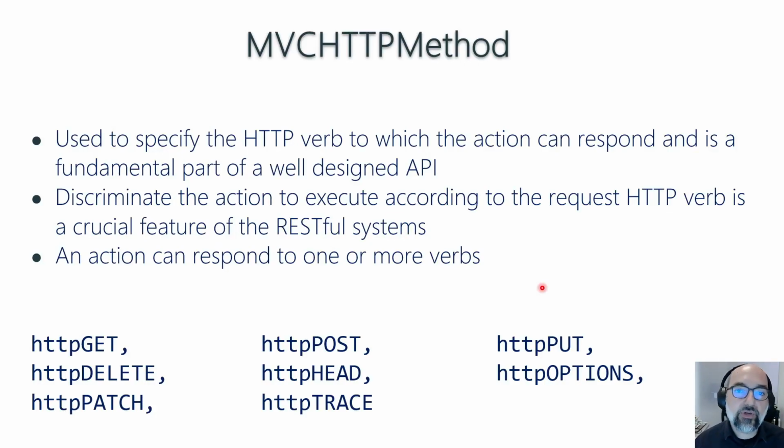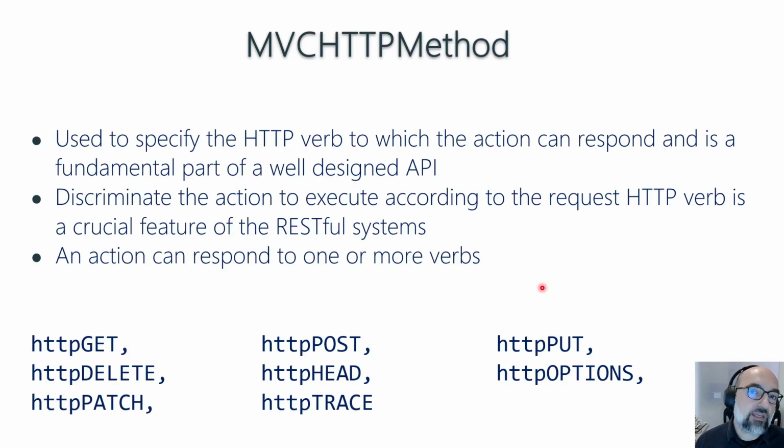Another very important attribute is the MVC HTTP method, which is used to specify the HTTP verb to which the action can respond, and is a fundamental part of a well-designed API. It allows you to discriminate the action to execute according to the request HTTP verb, which is a crucial feature of a RESTful system.